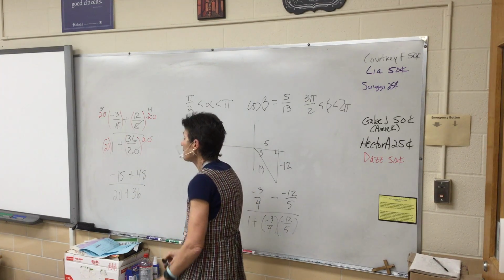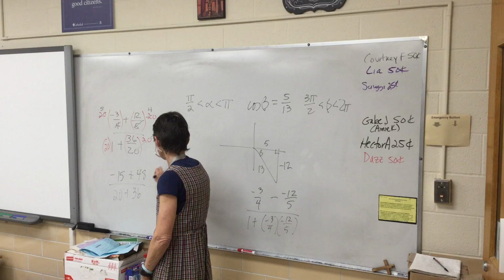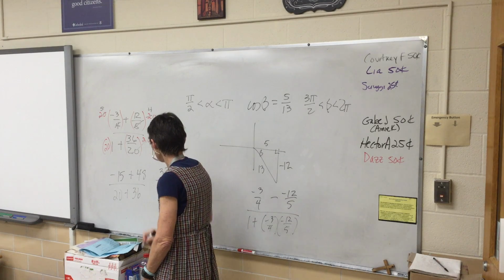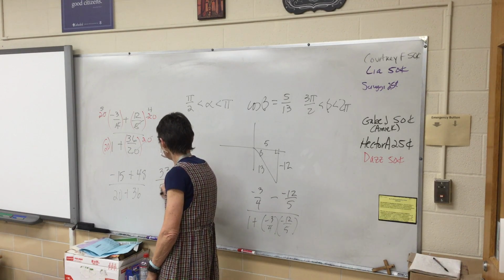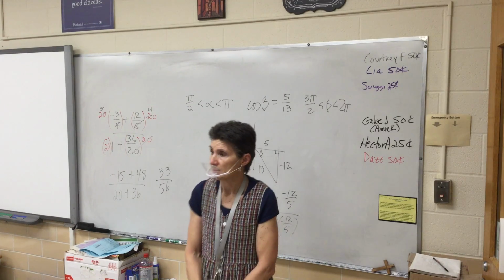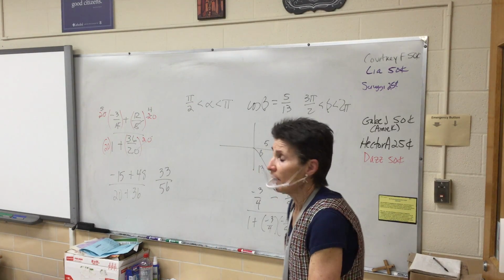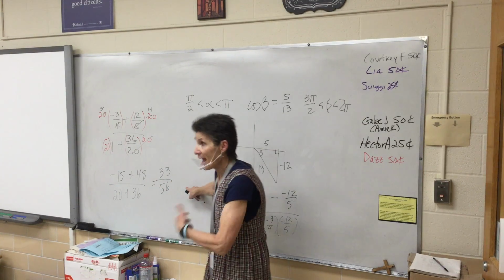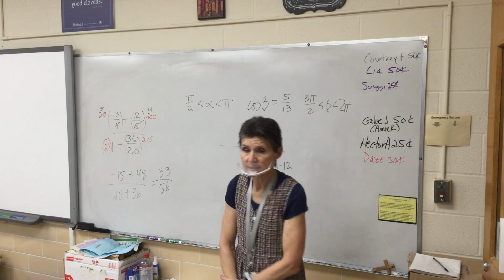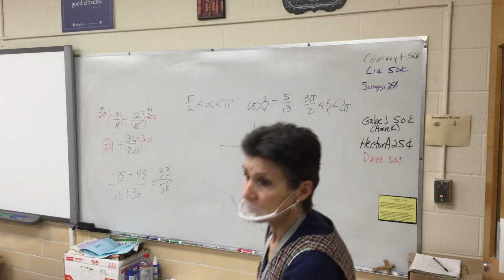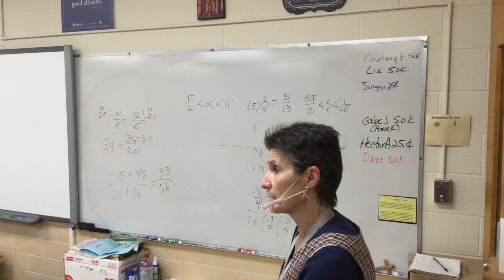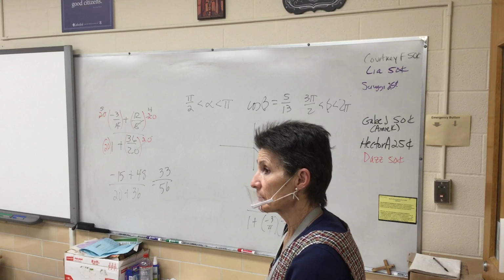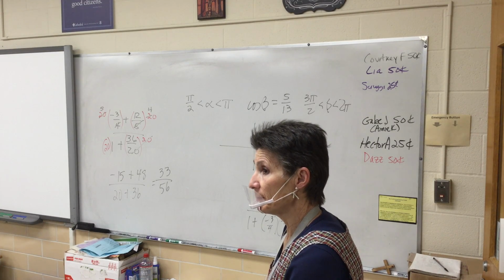So on top I have what, 33, and on the bottom I have 56. Now, since that is my final answer, if that reduced, you'd want to go ahead and reduce it. But it doesn't, so that's it. Okay? Everybody okay with that?